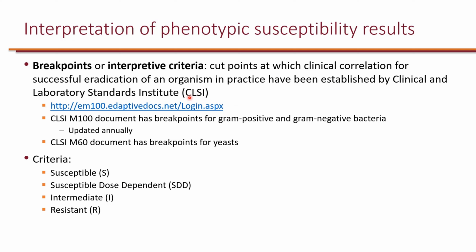Essentially, for a given organism and each antibiotic, they will tell you at what MIC cutoffs it will be considered susceptible, intermediate, or resistant, and for some of these, there will be a susceptible dose dependent category, meaning that it would be susceptible as long as you give a certain amount of antibiotic.